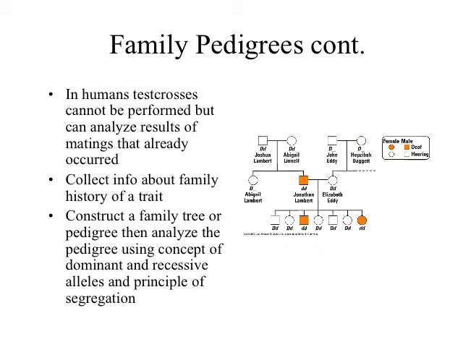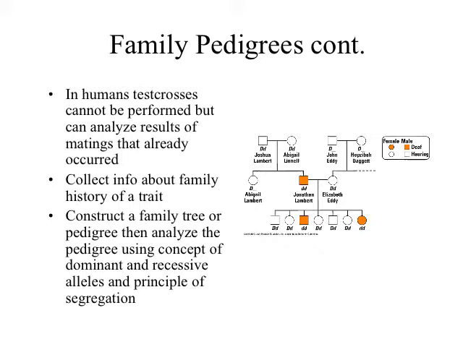Okay, so this is kind of the fun part, at least for me, always with genetics, which is to take a look at what's called family pedigrees. So you can take a look at the different traits as your family history has unfolded. In humans, we can't necessarily do test crosses to analyze the genetics of some person.